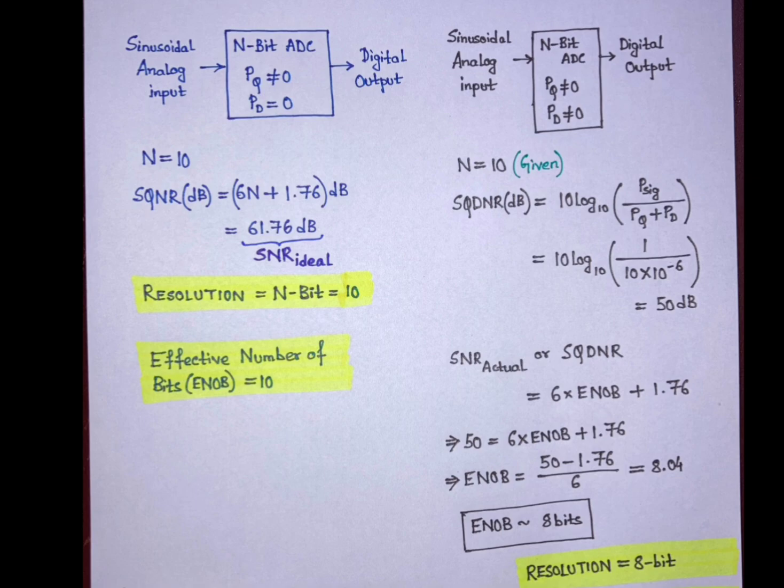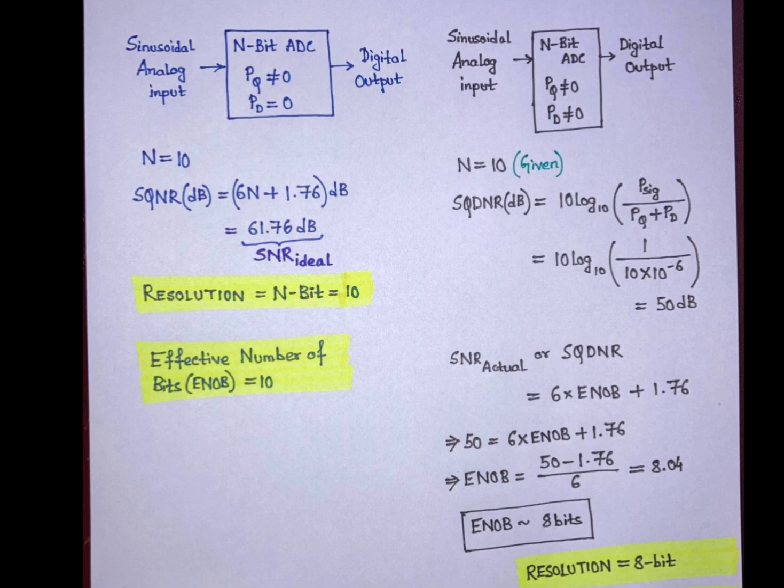That we need to find out; that is my effective number of bits. You just replace the n in 6n plus 1.76 with the effective number of bits, ENOB, and your actual SNR is 50 dB. Now if you calculate, you will get that the effective number of bits is almost equal to 8 bits, and that is our answer to the question.